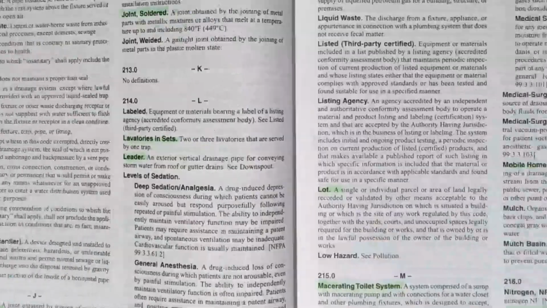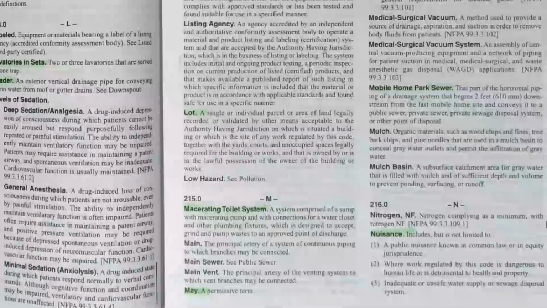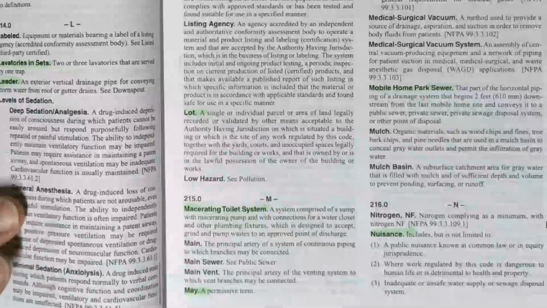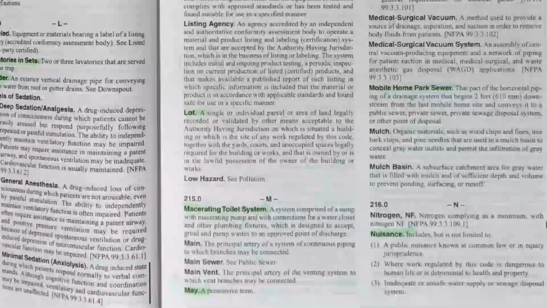Let's go this way to lot. A lot is a single or individual parcel or area of land legally recorded or validated by other means acceptable to the authority having jurisdiction on which is situated a building or which is the site of any work regulated by this code, together with the yards, courts, and unoccupied spaces legally required for the building or works, and that is owned by or is in the lawful possession of the owner of the building or works.